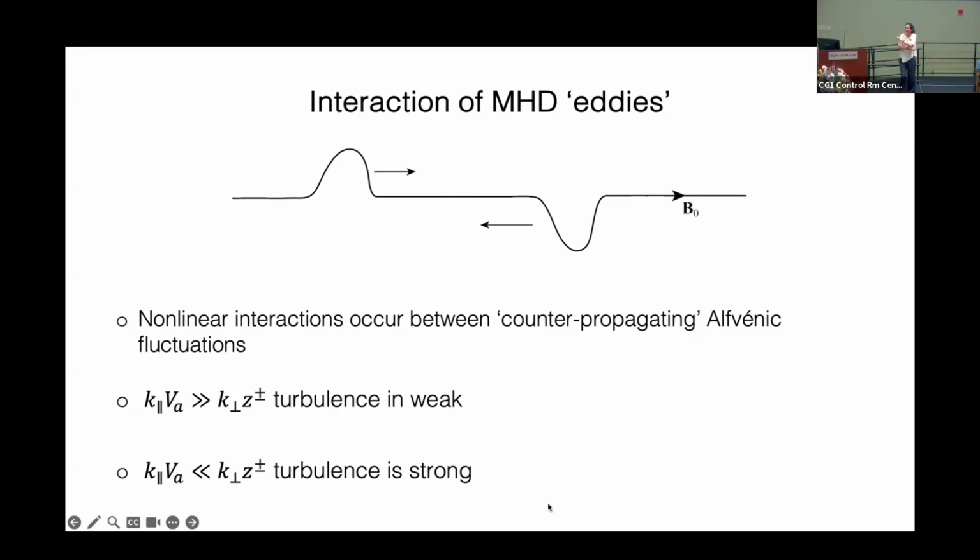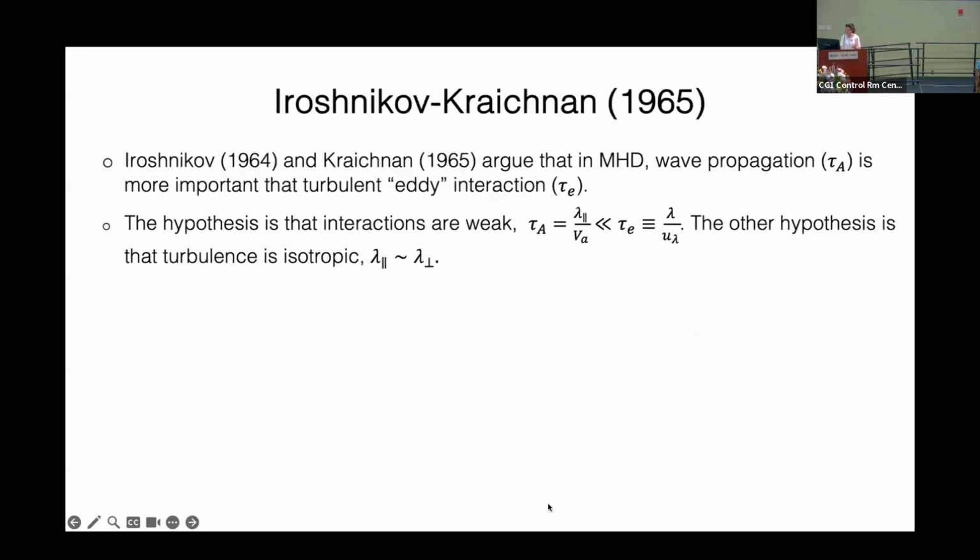There are countless phenomenologies of MHD turbulence, which I'm not going to review, but I'm going to discuss two that serve as the basis for many variations on the theme. The first phenomenology of MHD turbulence was introduced by Iroshnikov and Kraichnan, and it falls into the category of isotropic weak turbulence.